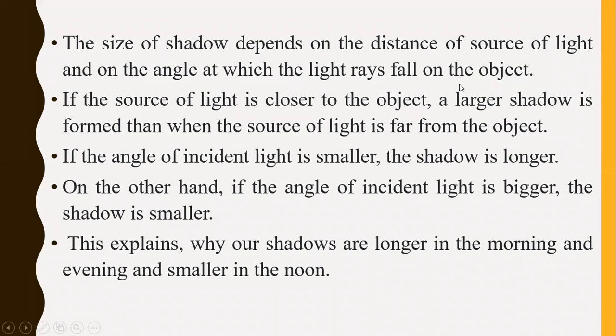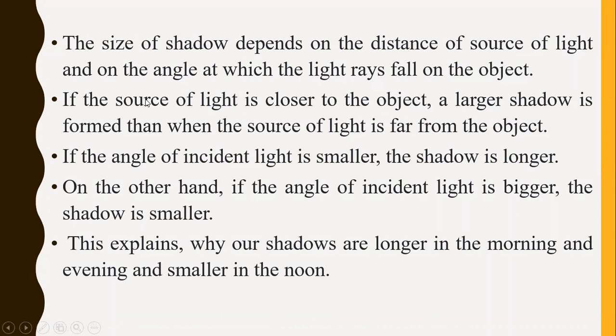That means if the shadow formed is very light, the light which is falling on it is far. And if the shadow is dark black, then the source of light is very near to the object. That's why the distance also helps us to know the size of the shadow.